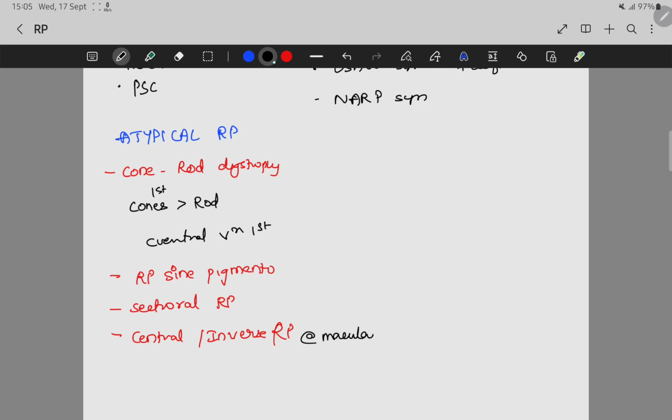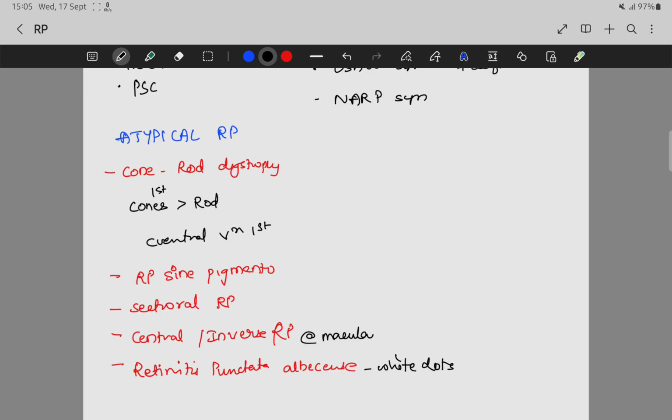Then we have retinitis punctata albescens, in which there are white dots instead of black dots. Albescens means absence of pigment. So these are the atypical RP.